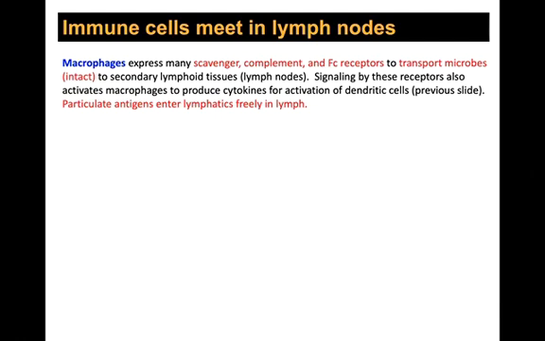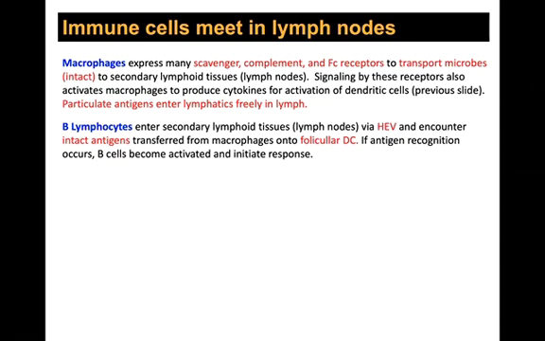These receptors have two jobs. One, they activate the macrophage, but then they also tell it to go to the lymph node. If the macrophage becomes activated, it can produce cytokines that are necessary for the activation of dendritic cells, that we just saw.